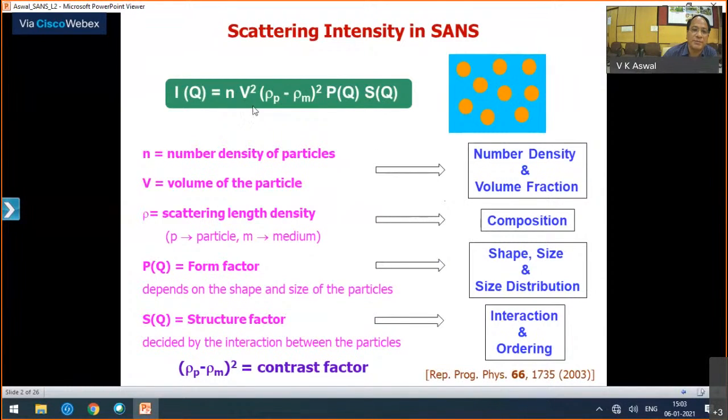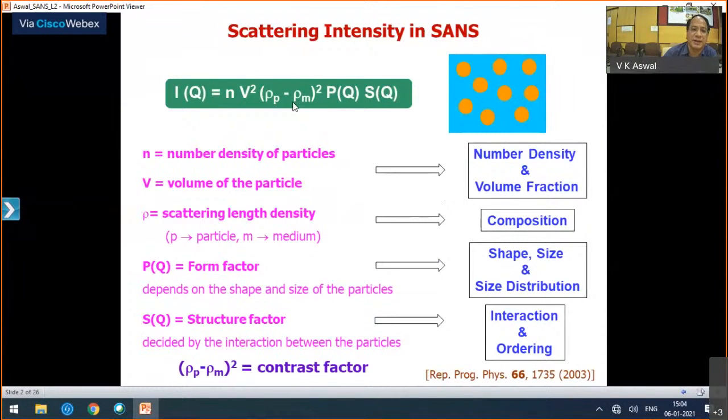And then this term, which is the topic of today's lecture, is the contrast term. So (rho p minus rho m) squared. You can clearly see that if you have the scattering length density of the particle equal to the scattering length density of the medium, then you can have zero scattering intensity. Unfortunately, with many techniques, you cannot change this term.